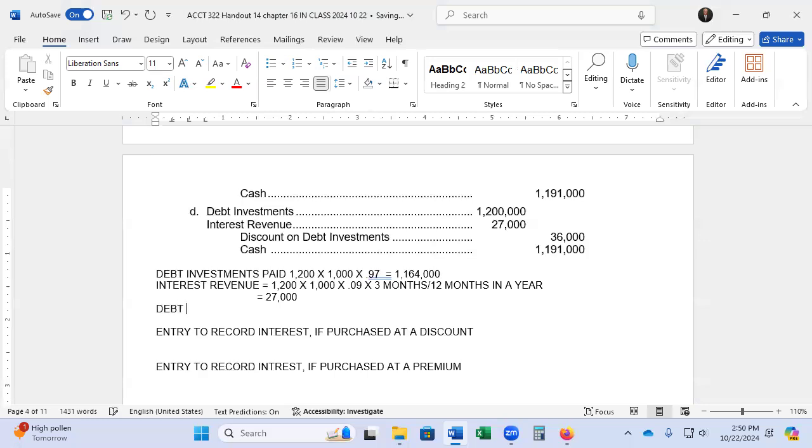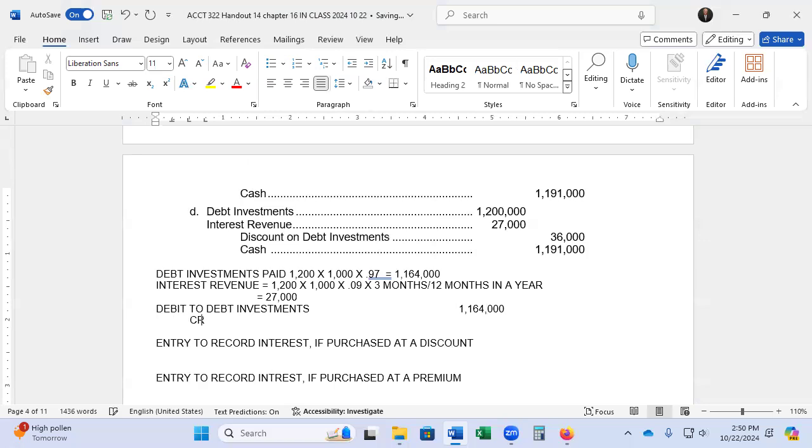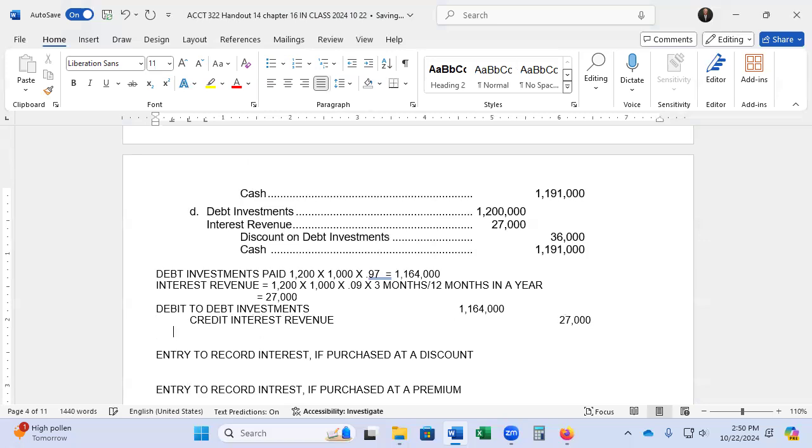And so our entry is a debit to, in this case, they use debt investments of 1,164,000. And we have a credit to interest revenue, $27,000. And then we have a credit to how we paid for it, cash. I'm sorry, this is supposed to be a debit for the interest revenue line.